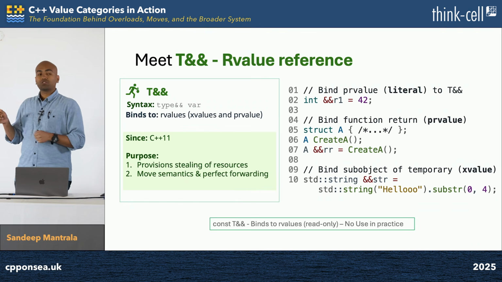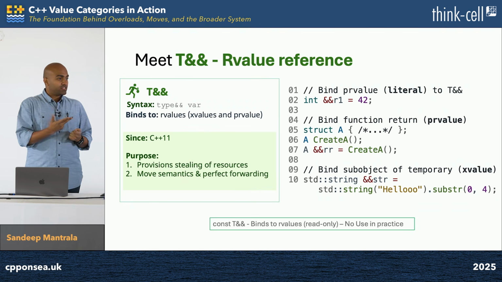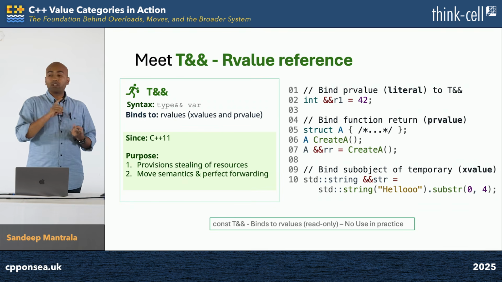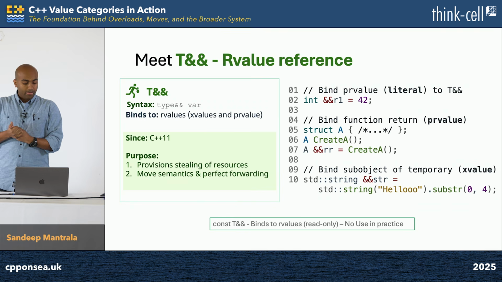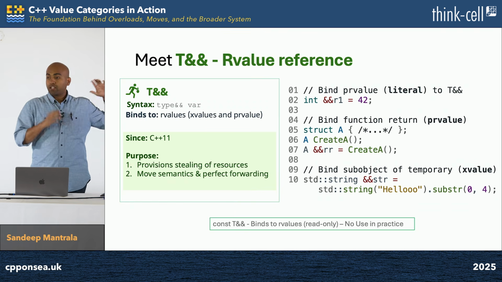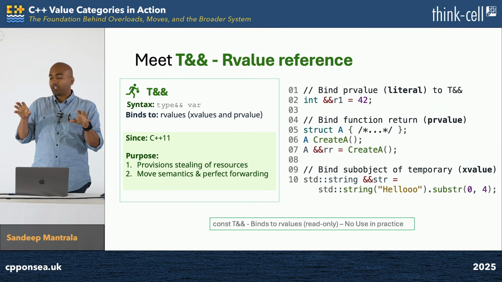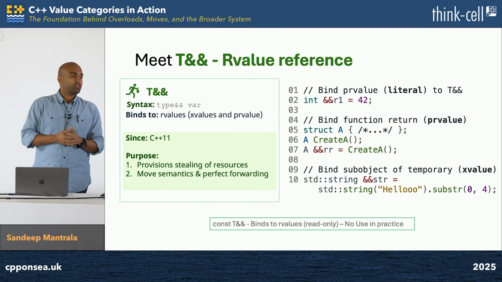When we say rvalues, we have two value categories inside, which are xvalues and prvalues. Both of them are going to expire soon, and you can steal the resources from them. So having an rvalue reference like T&&, which can bind only to these two value categories, helps you do something with the expiring values, like stealing the resources.